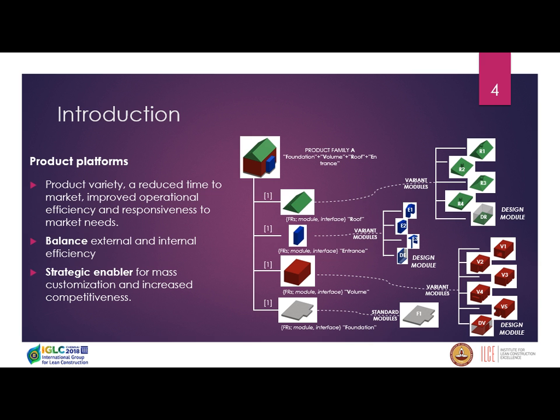And the figure to the right here is just an illustration of how a house in this instance can be decomposed into different modules, and then they can of course be assembled with one of each of these modules to a variety of different products.